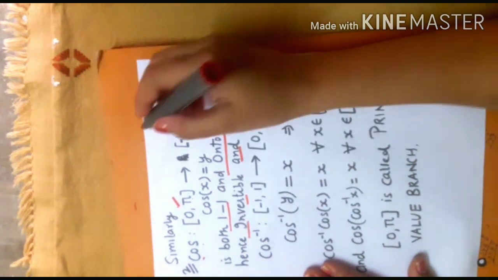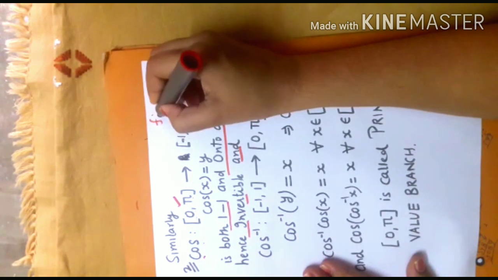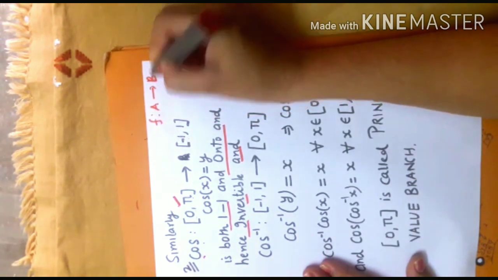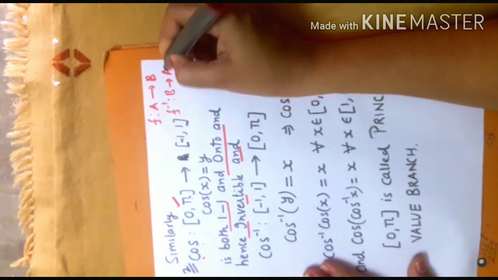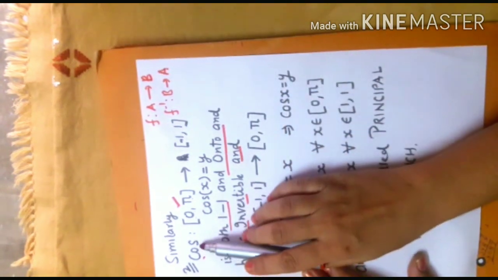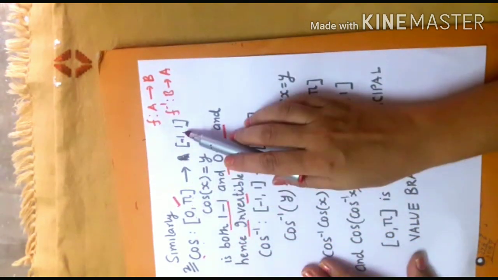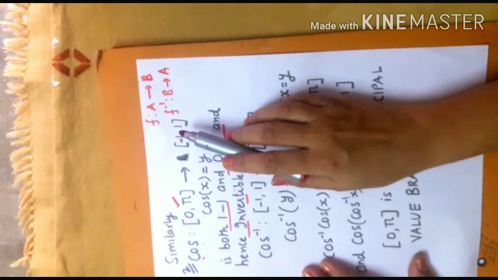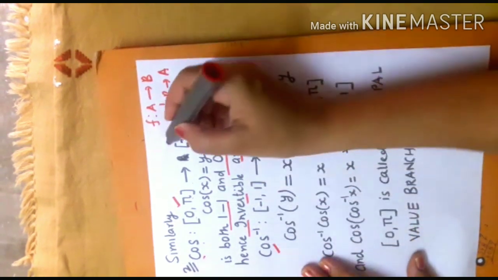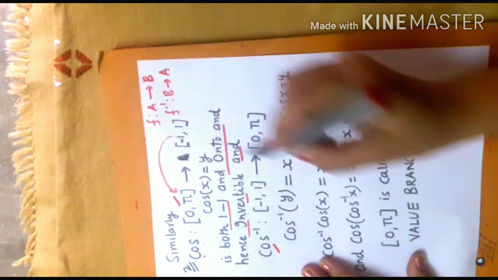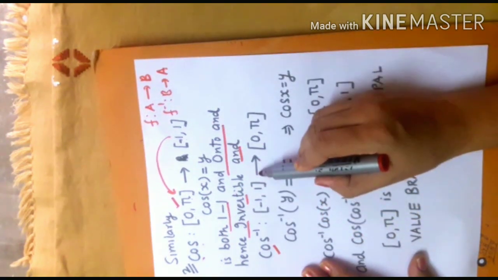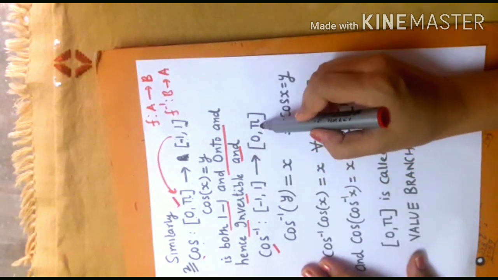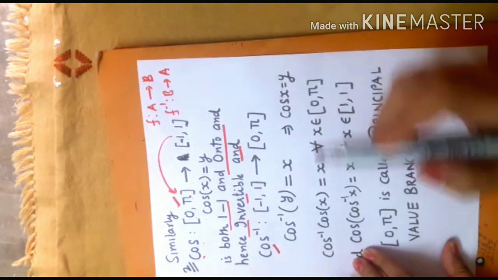And yes, we learned that when f is from A to B, then f inverse will be from B to A. So cos inverse will be from the closed interval -1 to 1 to the closed interval 0 to pi.